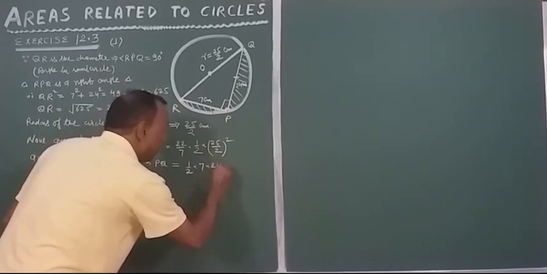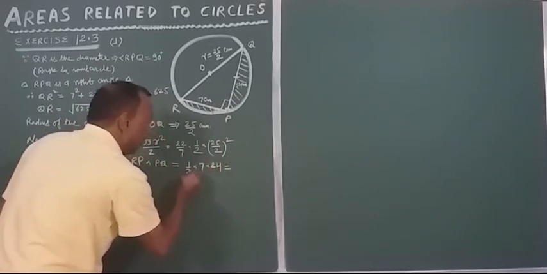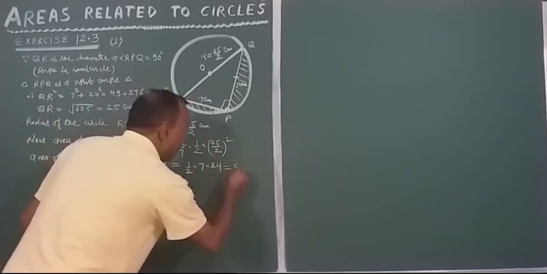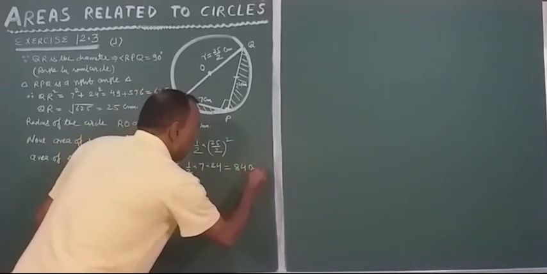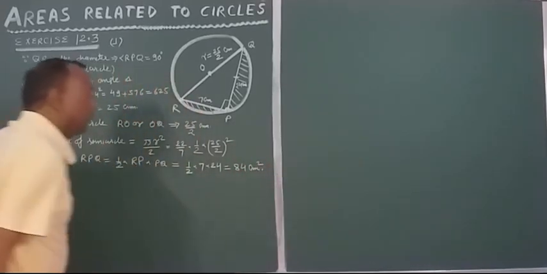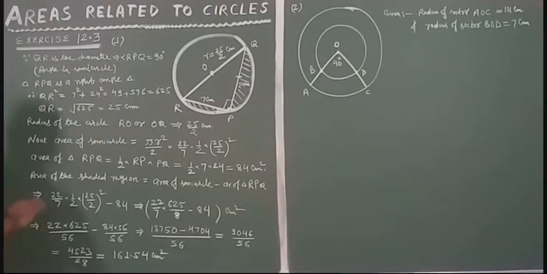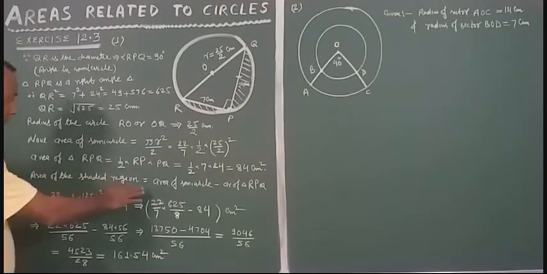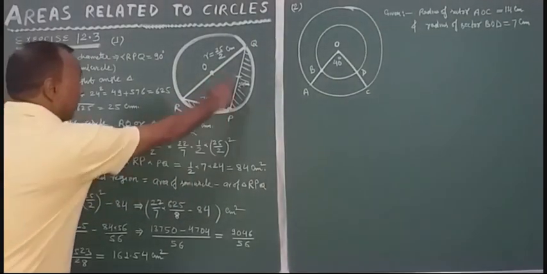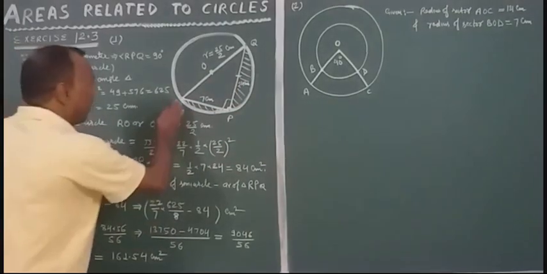This will be 2 12 12 8 84 centimeter square. What will be the area of the triangle RPQ? 84 centimeter square. Now area of the shaded region will be area of this semicircle minus area of triangle RPQ.